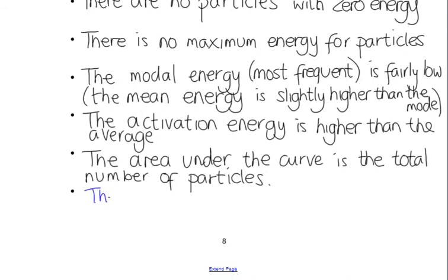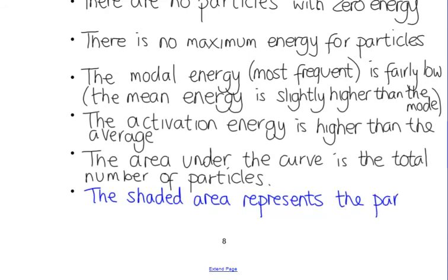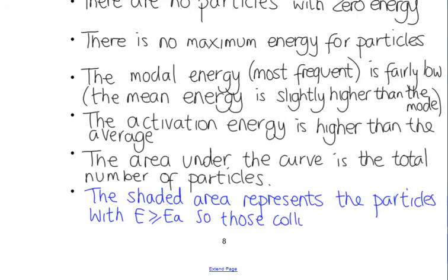So the shaded area represents the particles with sufficient energy to have successful collisions, so with energy greater than or equal to the activation energy, those that collide successfully. Okay, so that's just something to bear in mind.